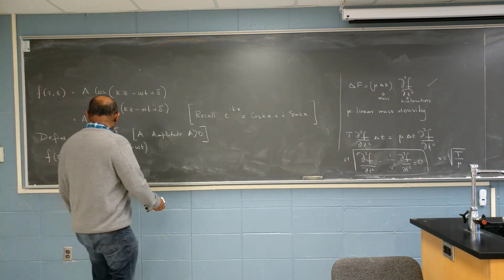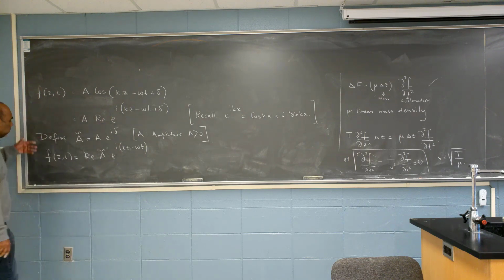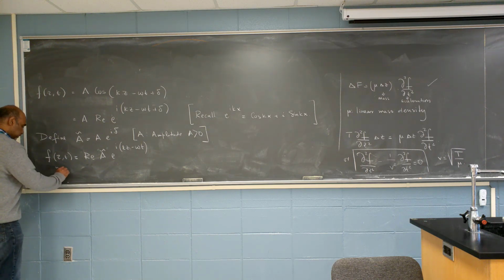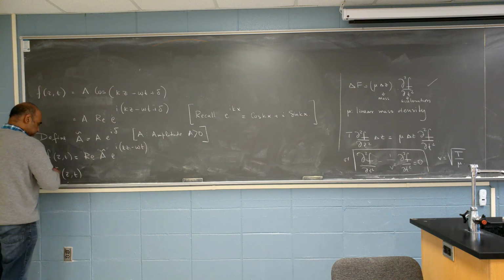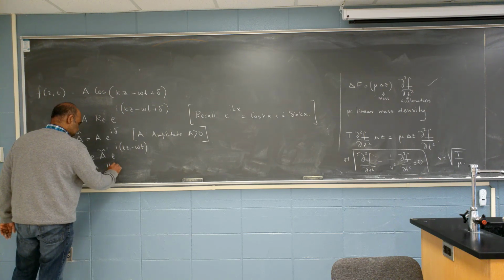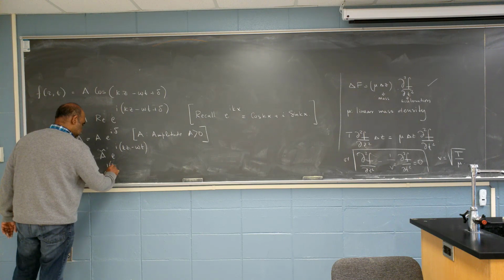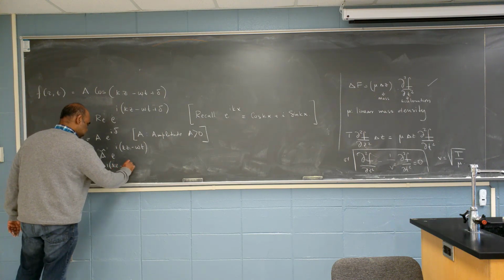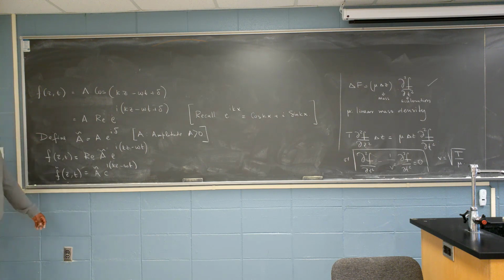And so, at this point, we'll say, well, let's forget about the real wave at all. I don't want to see this real part written out all the time. I'll just write a complex wave, and realize that the real part of the wave is just the real part on both sides.